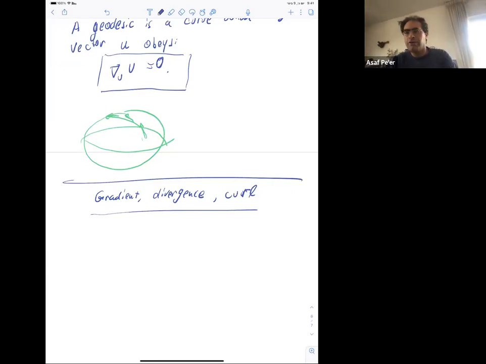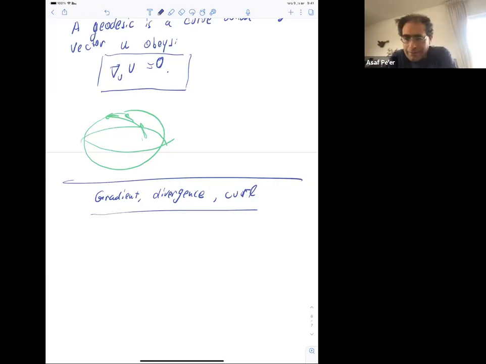So I'm sure that you have seen how to write down these equations in non-Cartesian coordinates, right? I'm sure that you've been taught about cylindrical coordinates and spherical coordinates. So this is not new to you, I hope.